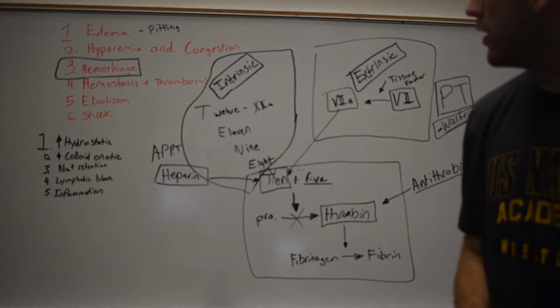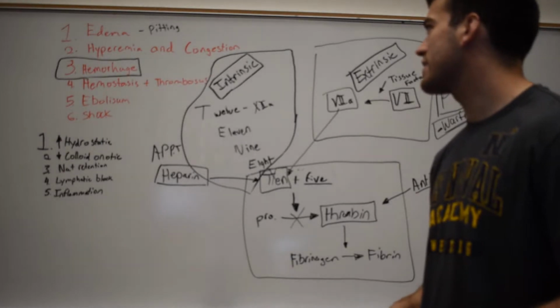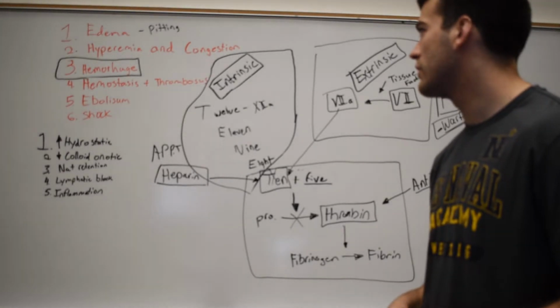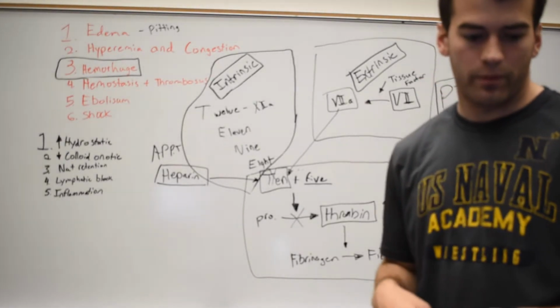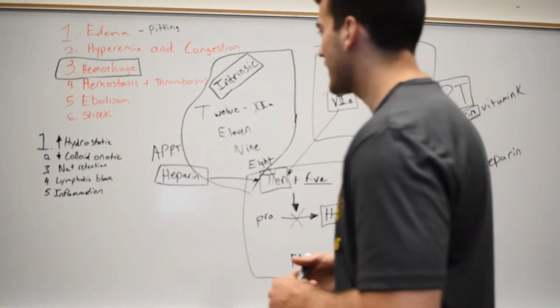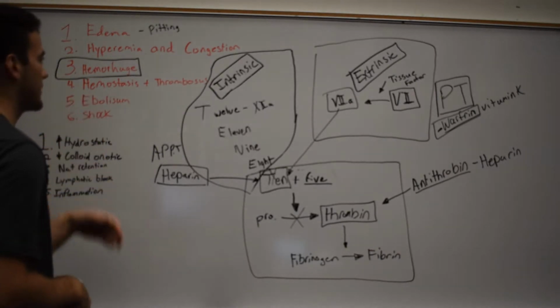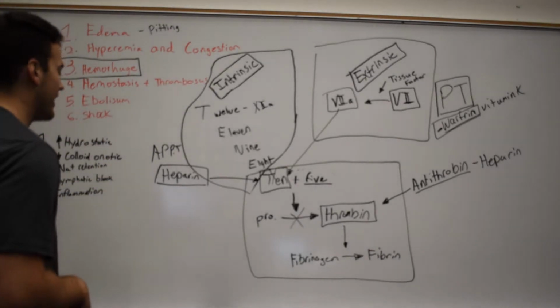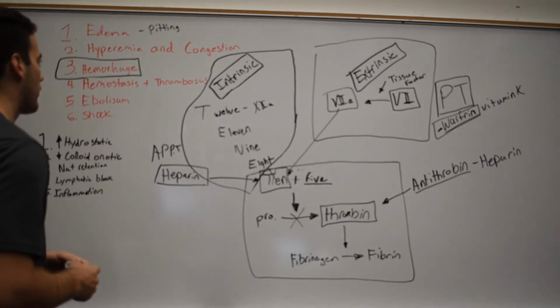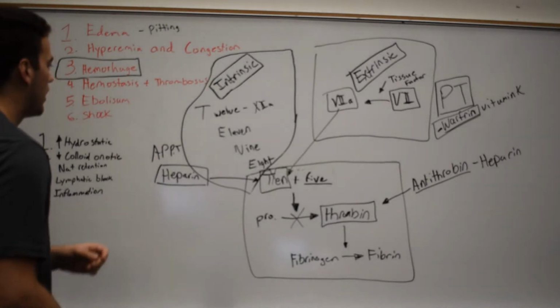All right. So hemostasis and thrombosis kind of go hand in hand with the clotting cascade. The way we get to hemostasis is exactly this: we form a clot, or a thrombus.